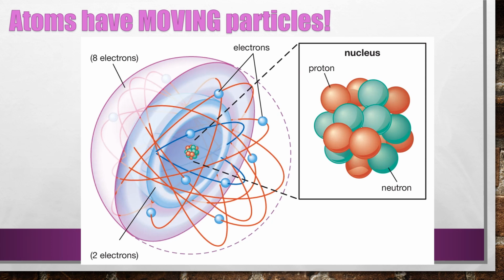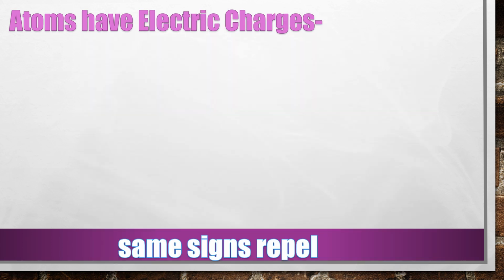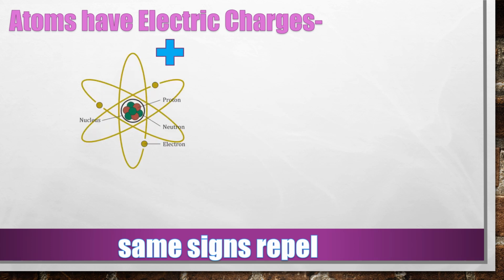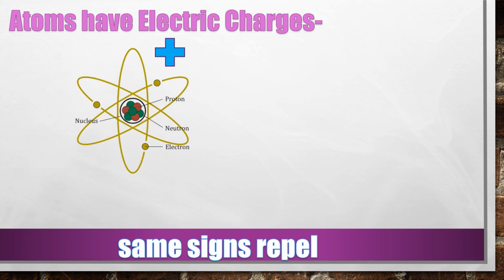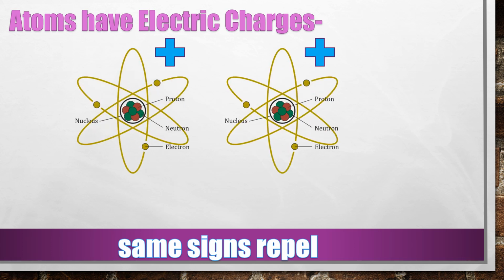As we see all of these particles flying around, we have motion, and that creates this charge for each of the atoms. So when we talk about electric charges, some atoms are positively charged because they have a higher positive attraction.